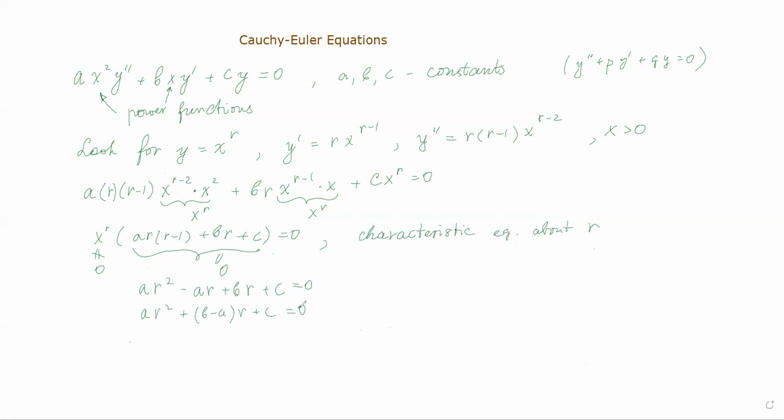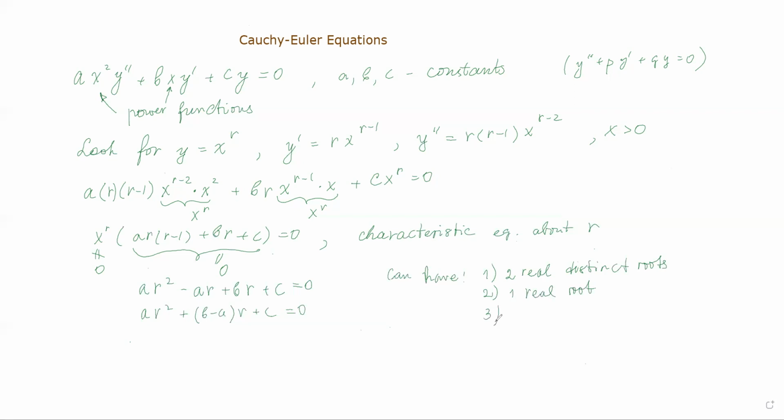What are options for quadratic equation? We already know from characteristic equation there are 3 options, right? We can have 2 real distinct roots. We can have 1 real root, which means that there are 2 roots, but they're not distinct.